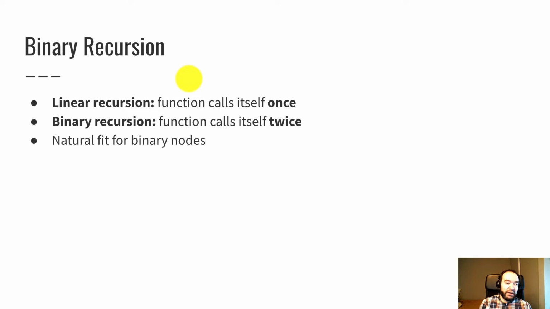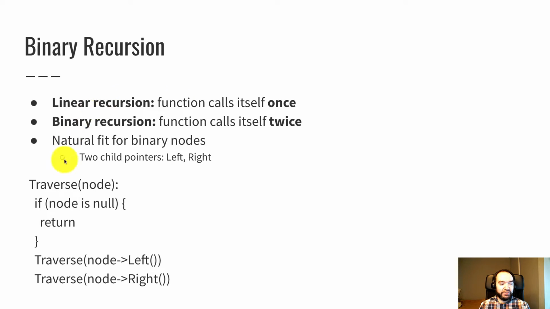So binary recursion is the idea that in the base case you don't do anything, but in the general case you make two recursive function calls, and that would account for all of the child pointers of a binary node. And so this binary recursion pattern fits that well if you want to do a recursive process starting at the root and working your way downward.